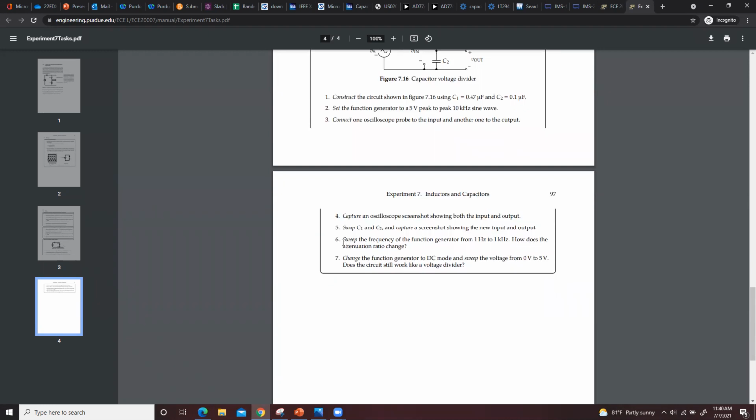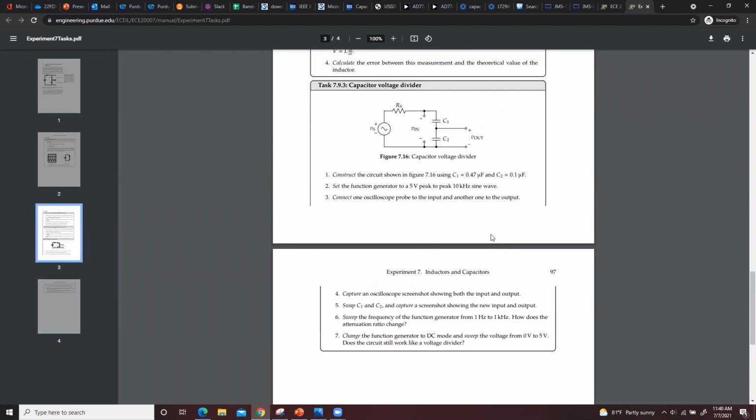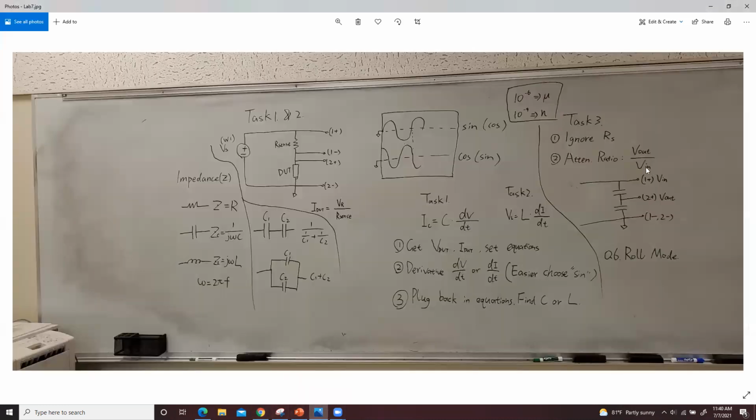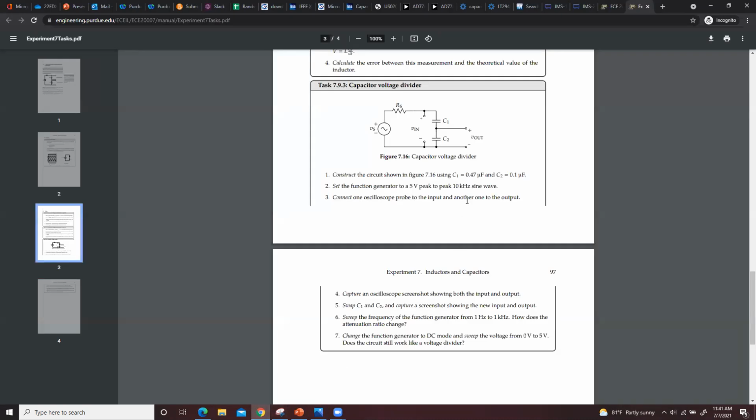In step number 6, you want to sweep the frequency from 1 Hertz to 1 kHz and see how the attenuation ratio changes. First of all, the attenuation ratio is output over input. When you sweep from 1 Hertz to 1 kHz, remember 1 Hertz is a very low, slow signal.